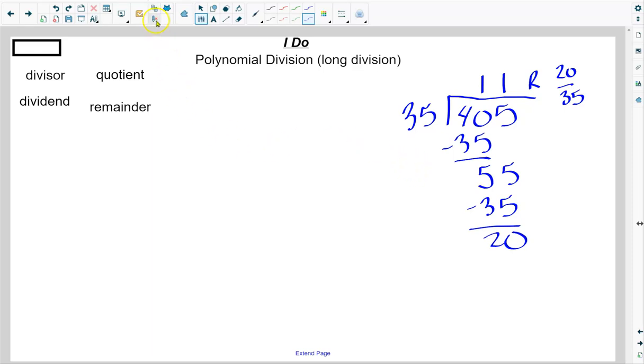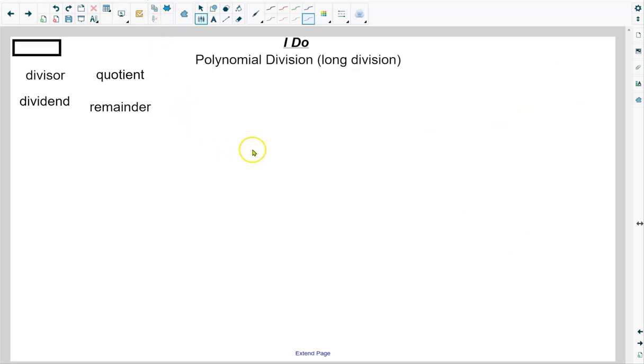Okay, so before we officially move on, let's kind of review some vocabulary. So you have the guy that's getting divided. Okay, in our case, we're going to have polynomials. Then you have the guy doing the dividing, which is another polynomial, okay, d of x in this case.